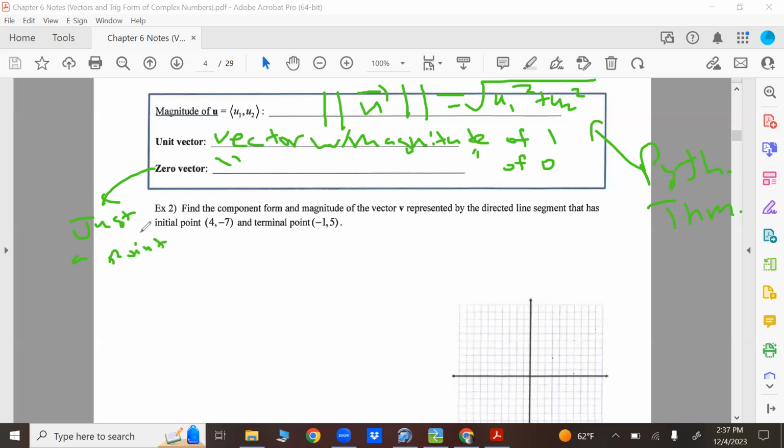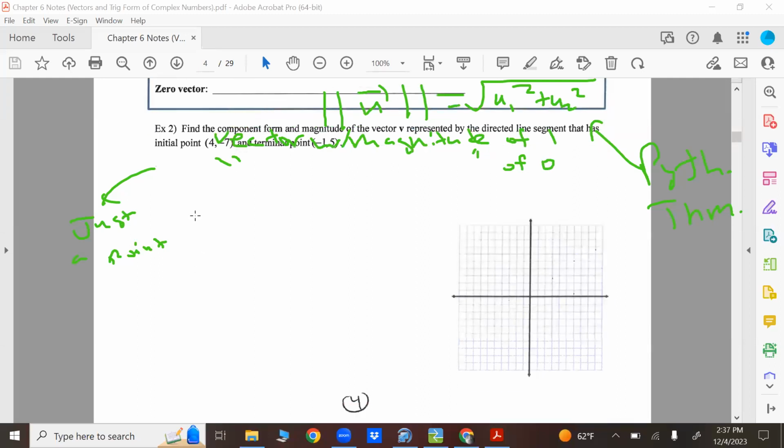But a unit vector has a length of 1. There's a reason why we care about unit vectors. They actually do play a very significant role in vectors. We'll cross that bridge when we get there. But that's what a unit vector is, magnitude of 1. So questions so far? All right. So again, it should be very basic. So let's look at example 2 now.